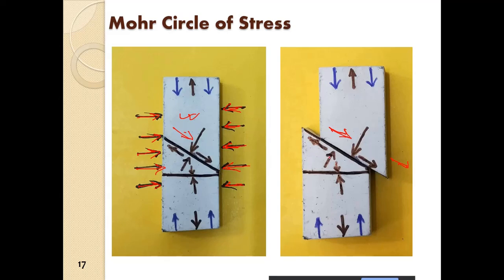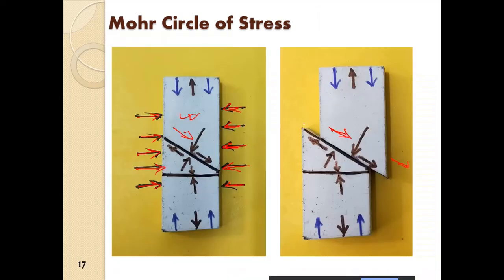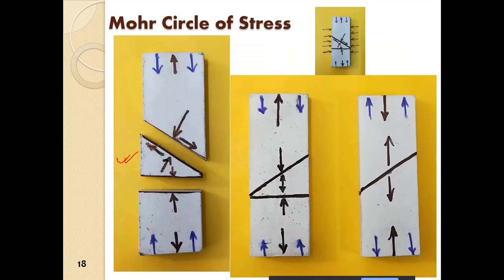Now what we do is isolate this triangular wedge. If we consider this wedge, we have this force and this force acting on it. That can be resolved into two components, this and this.